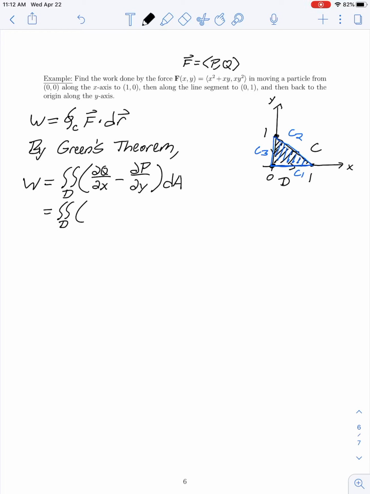We have the double integral over D of our partial of q with respect to x, which is y squared, minus the partial derivative of p with respect to y, which is x, integrating with respect to area. So to evaluate the double integral over this triangular region D, we need to set up an iterated integral.